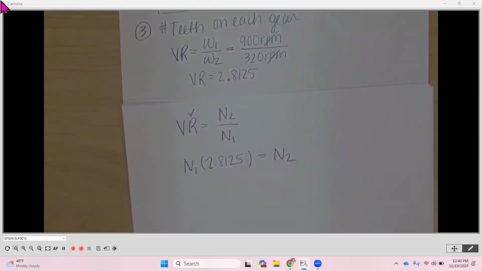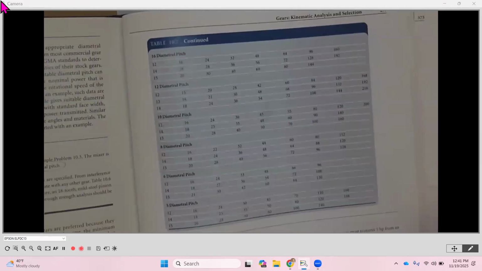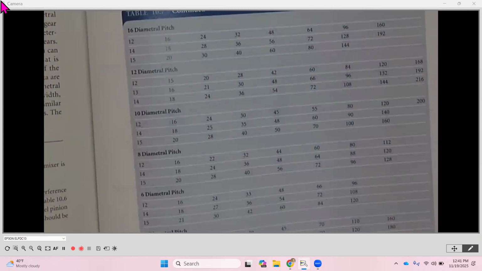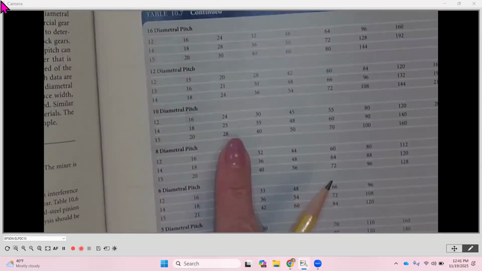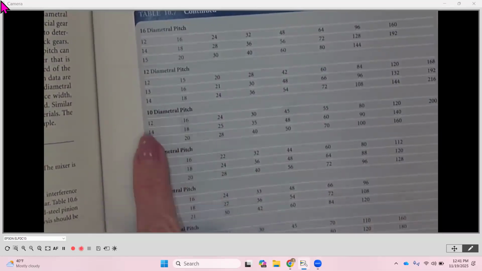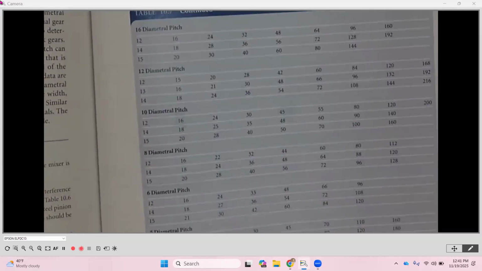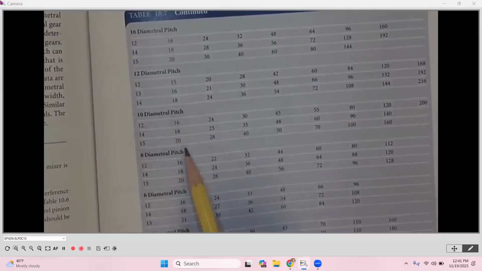So let's go to our section 4, diametral pitch of 10, and start by looking at the lower numbers. Remember, the pinion is the smaller gear, so this is going to be our N1.